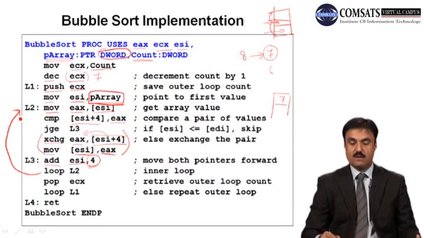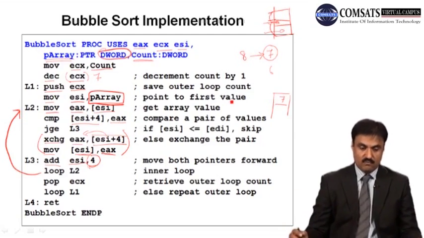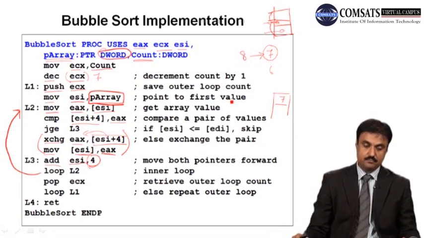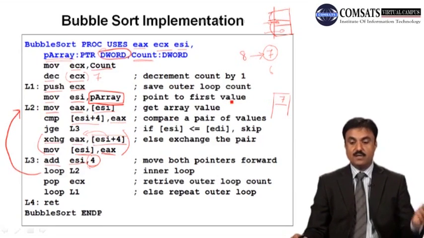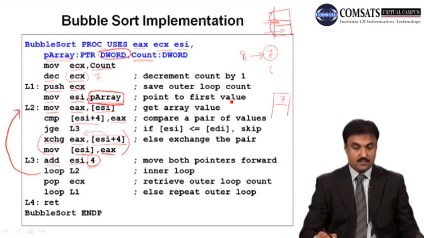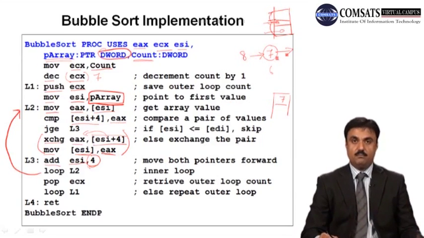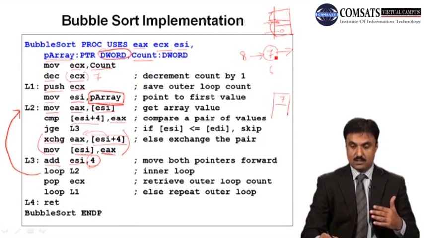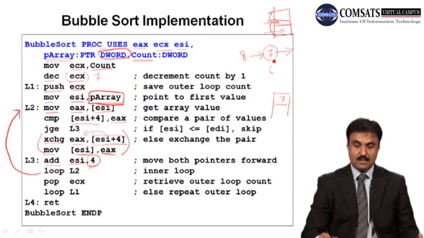This will continue up to 7 times. When we use the loop, ECX will be reduced, and it will continue until ECX is equal to 0. So it will repeat 7 times and sort this array for 1 pass.